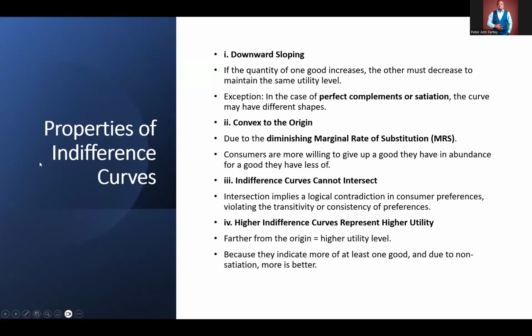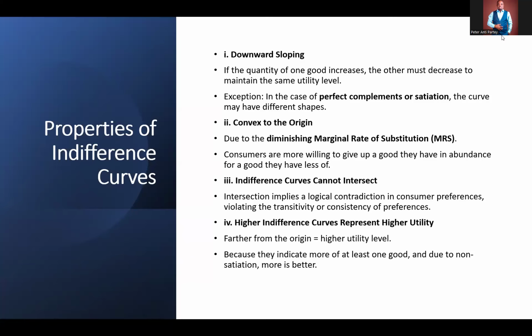Now, what are the properties of an indifference curve? One, we say that indifference curves are downward sloping. So you can see from the diagrams that I've drawn that indifference curves are downward sloping. Just like we draw the demand curve, you will see that indifference curves are downward sloping.